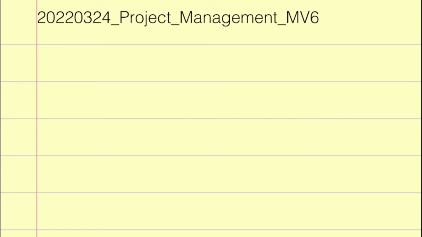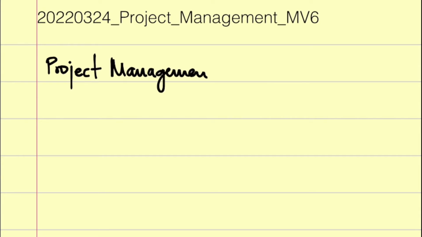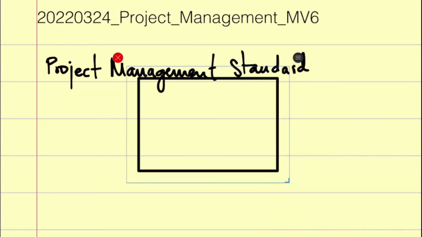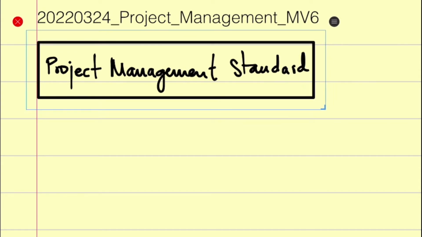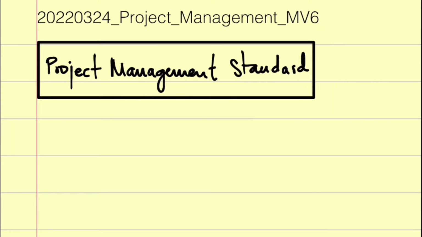So we look at the project management standard, okay. Last week we saw the process management standard. The difference between a process and a project is that a project starts and ends.